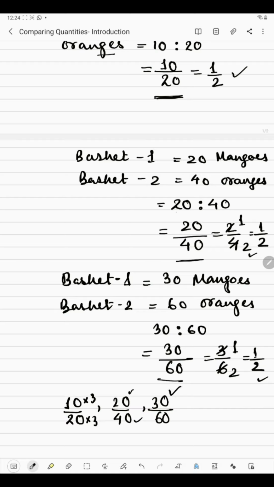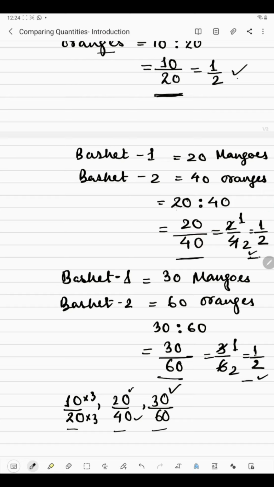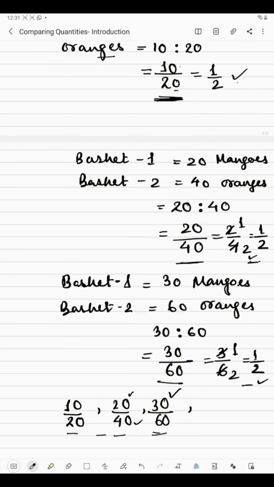In all three cases, the ratios are equal to 1 by 2. If we multiply by 4, the denominator will also be multiplied by 4, so we get 40 and 80. These are all equivalent to 10 by 20.